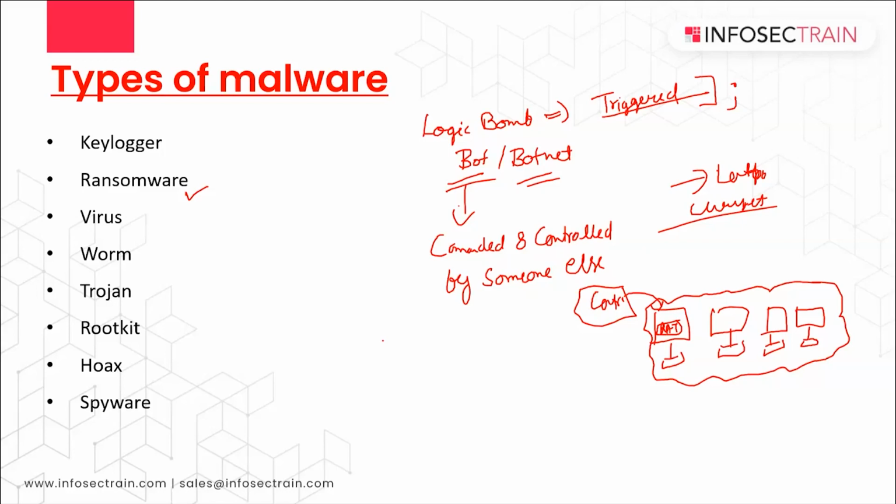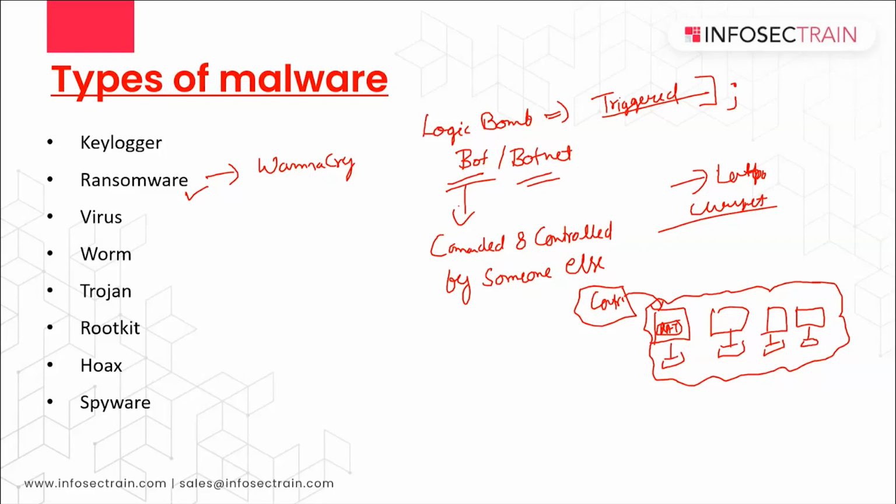One of the very famous examples that I remember, one very popular case, was the WannaCry ransomware. In 2017, if I'm right, this happened, and it was a concern for everyone.